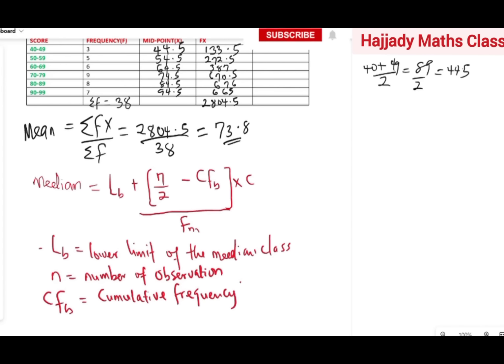Okay, so this is the cumulative frequency before the median class. Sorry for using abbreviation. And we have our F subscript M, which is the frequency of the median class.